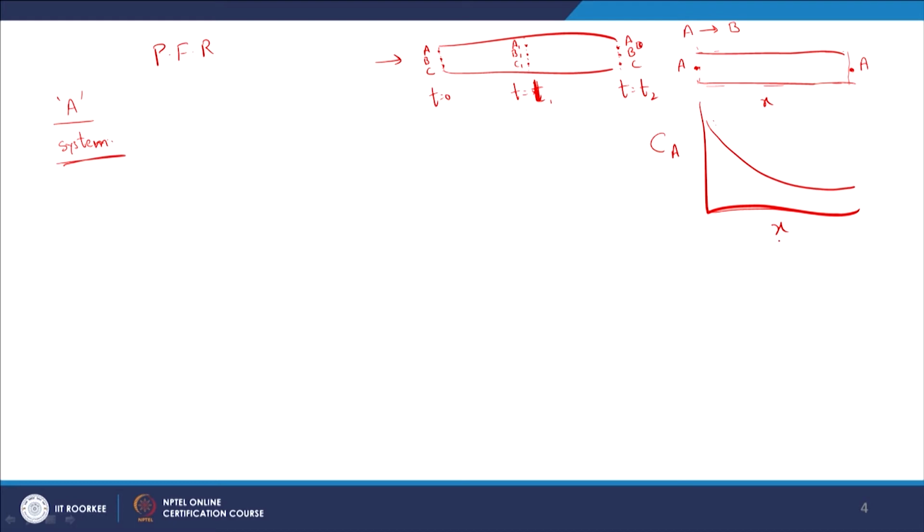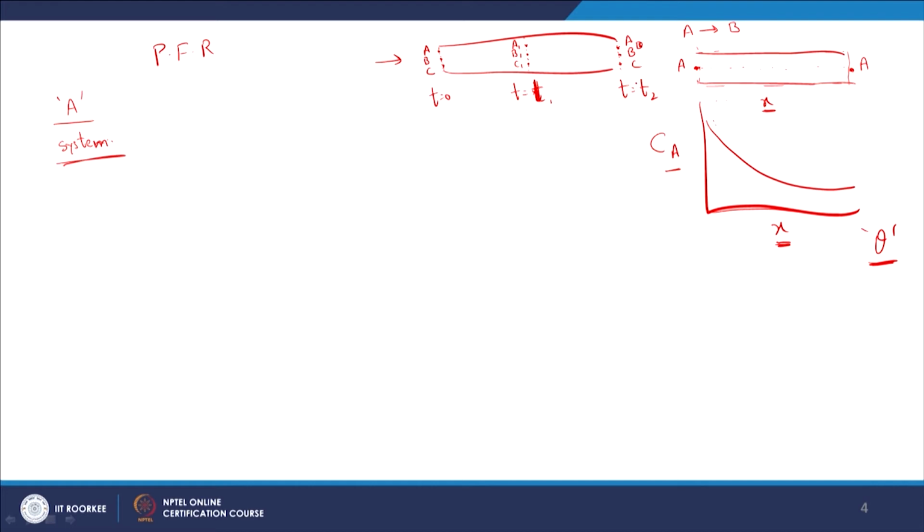This is one fundamental mistake most people make. As it travels along the course of the reactor, the concentration of A changes with distance. People say time, but it is not time; at best you can look at it by talking about hydraulic retention time. We are going to talk about what it is later.